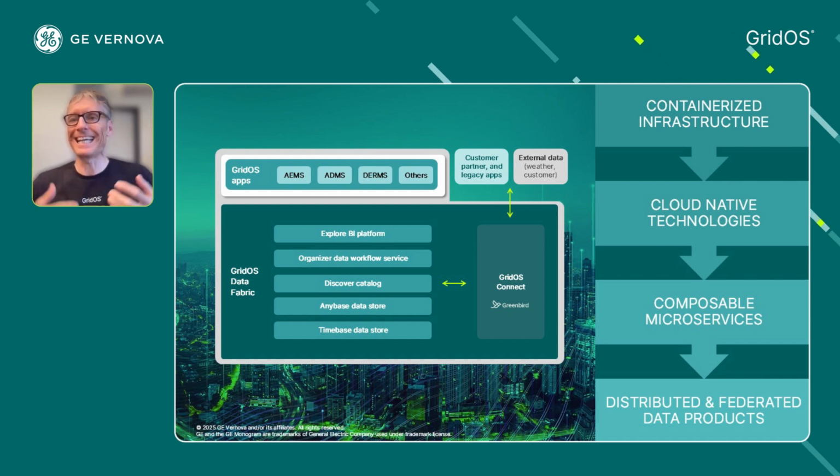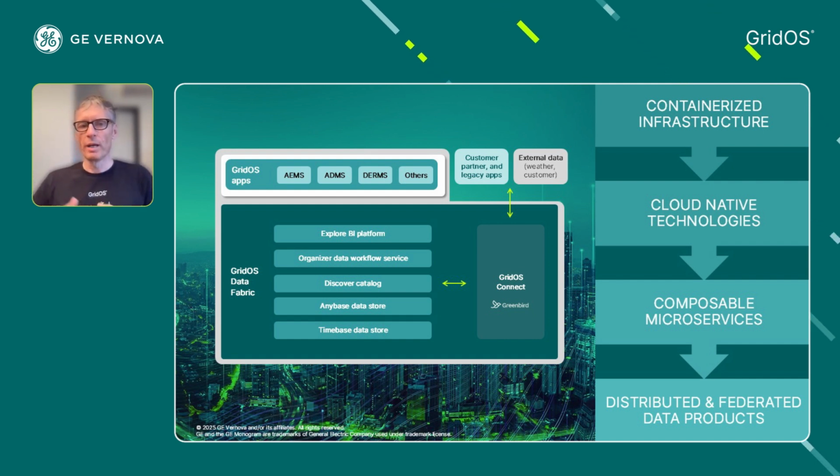That means in an integration scenario where you might run the GridOS Data Fabric and Connect in OT, but you want to enrich it with data coming from your enterprise IT or cloud data or vice versa.